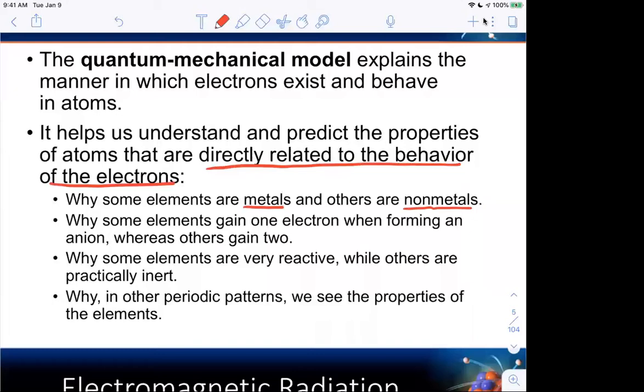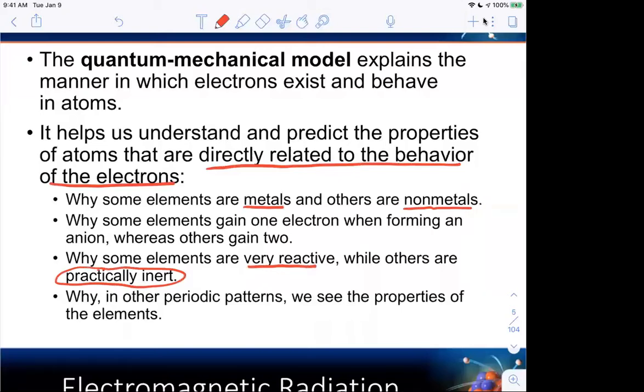Why do the atoms in group 1A lose one electron to form a positive charged ion? Why does chlorine gain an electron to form Cl minus? Why are some elements very reactive and others basically inert, right? Why do we see other periodic patterns in the properties of the elements?